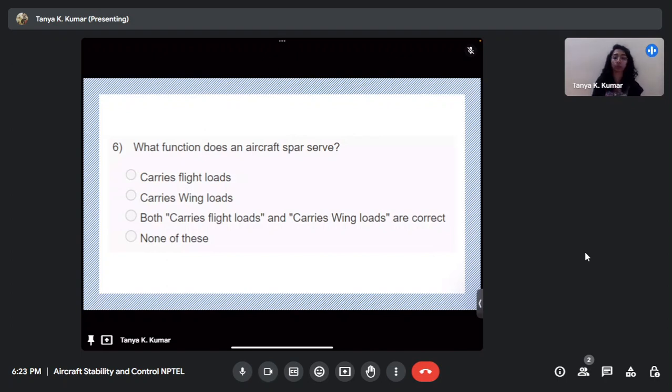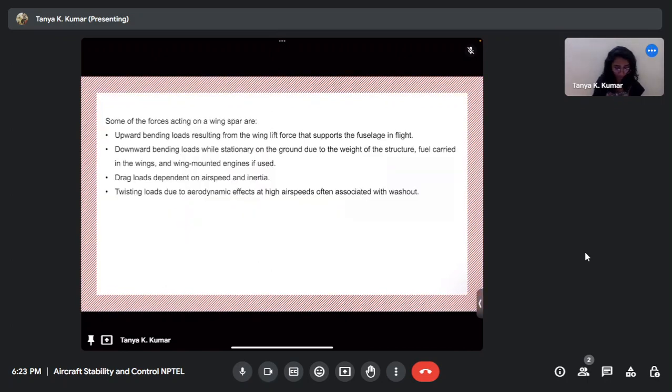It carries both loads, flight loads and wing loads. So I think I have a slide somewhere here. Yeah. So the forces acting on the wing spar, you have an upward bending load that is resulting from the lift that is acting on the wing during flight, right? So there is a lift force generated upwards. So then you have an upward bending moment, bending load on the spar, because spar is along the span.